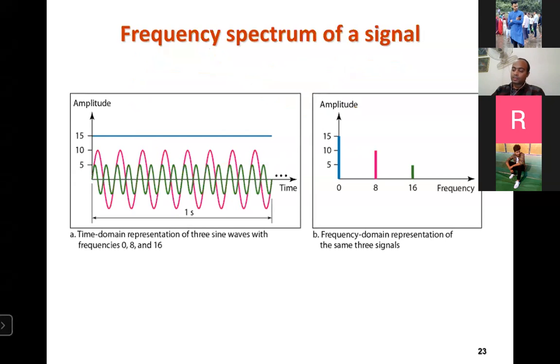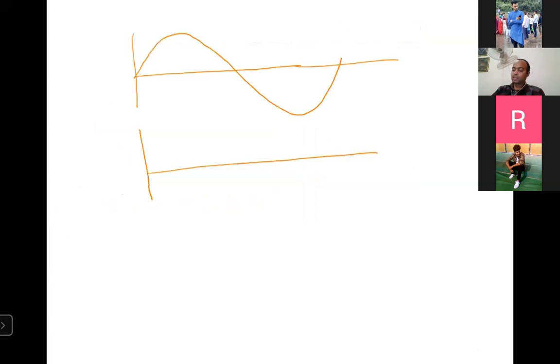That was just given for your demonstration, for your understanding purpose. Three different signals were drawn so that you can know there are three different frequency components. But actually, when the three frequency components are added, the superposition will happen, and the shape of the signal will change. That I'm drawing here.